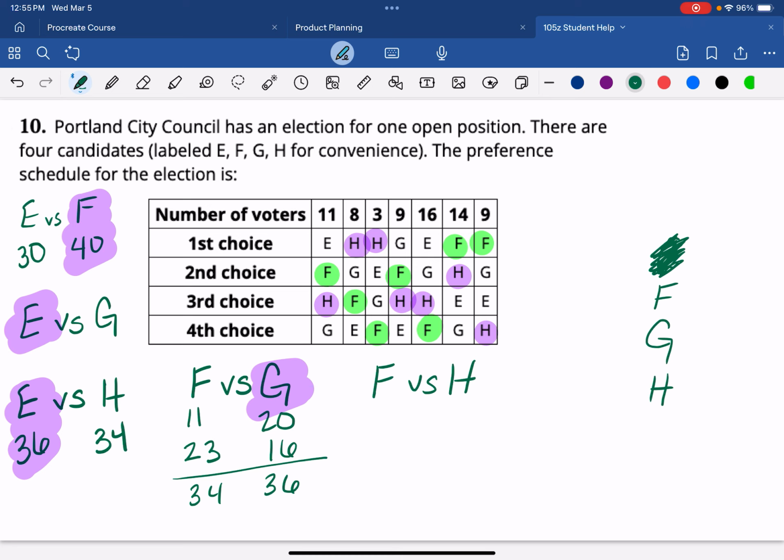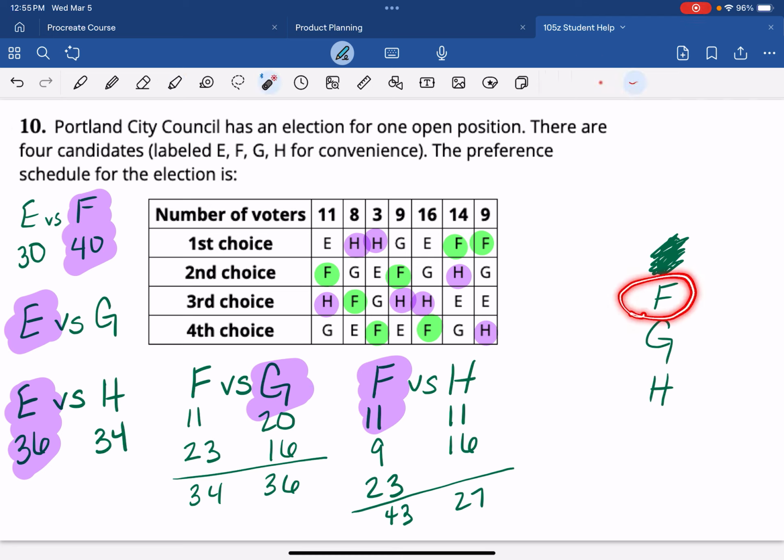In our first column, those 11 voters prefer F. The next two columns, these 11 voters prefer H. And then these 9 prefer F. The next 16 prefer H. And then the last 2 prefer F. So we have 43 and 27.